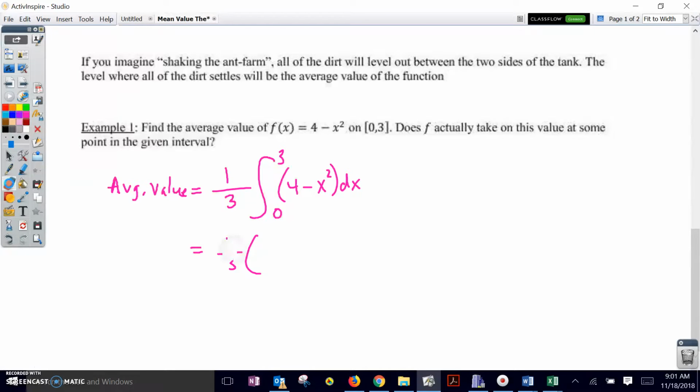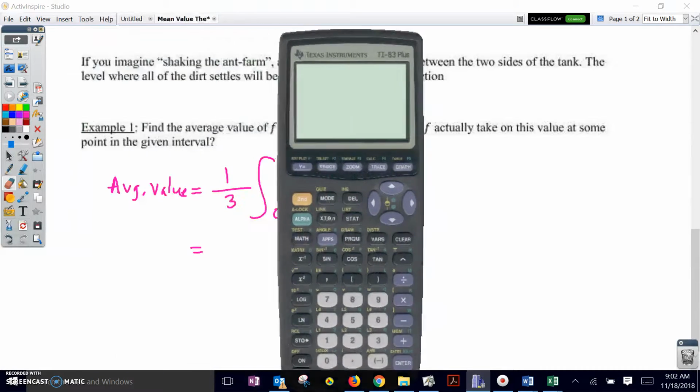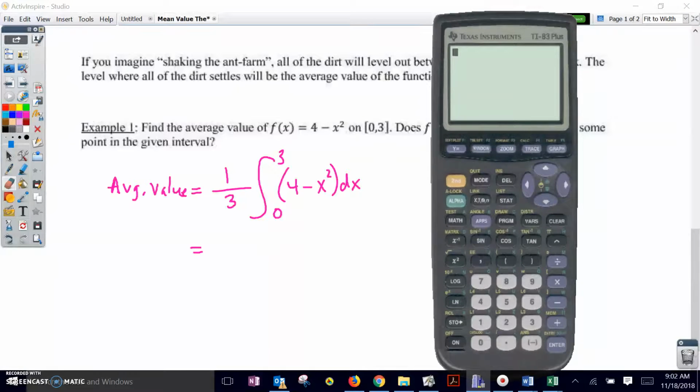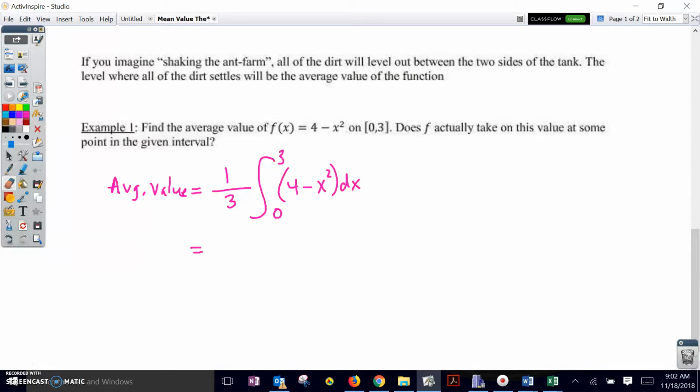And I'm just going to go ahead and find this value numerically. So we've got 1/3 times the numerical integral of 4 minus x squared with respect to x from 0 to 3. And we get that the average value of this function on that interval is 1.